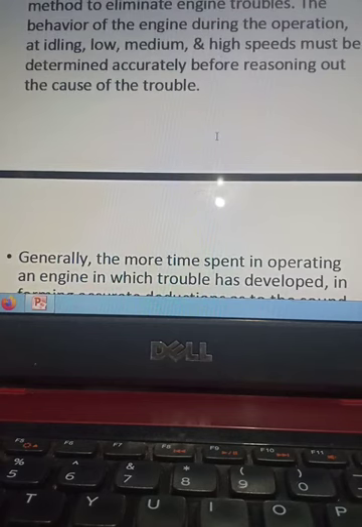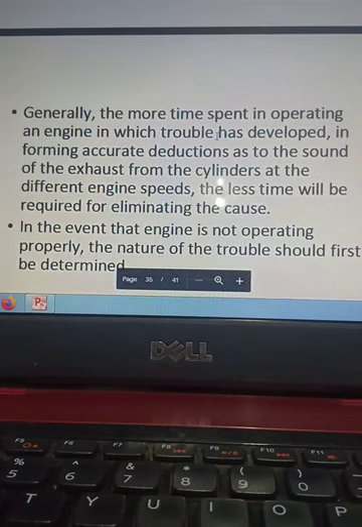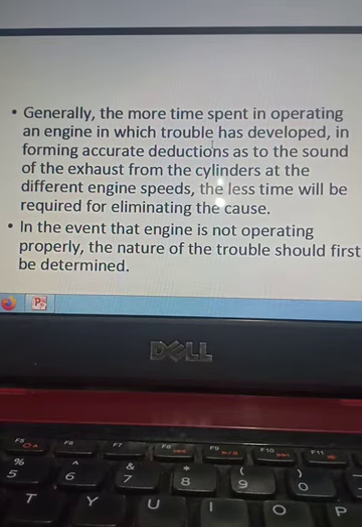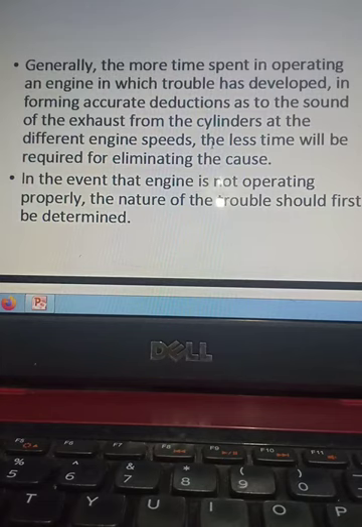So if you run the engine and spend more time on the engine trouble that developed, you can easily find its possible trouble. And in the event the engine is not operating properly, the nature of the trouble should first be determined. Okay?